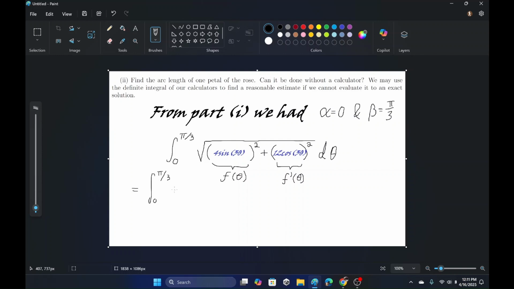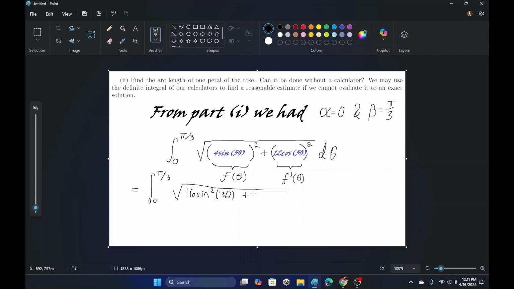And I'm going to simplify what's under the radical. So 4 squared is 16. Then I'll have 16 sine squared of 3 theta. Notice I'm not saying it's the sine squared of 9 theta or anything like that. We're just squaring the output, not the input. All right, then I'll carry down that plus sign that we had earlier.